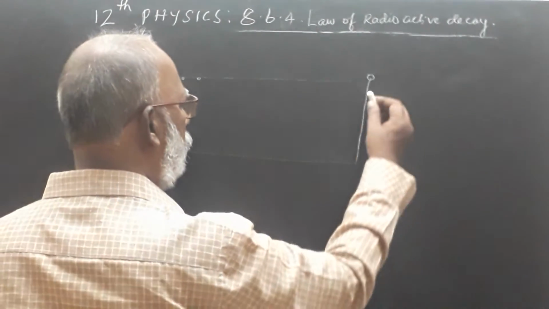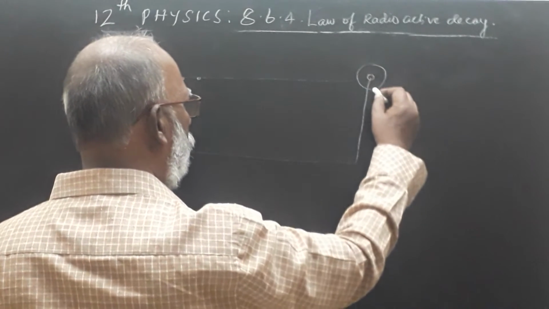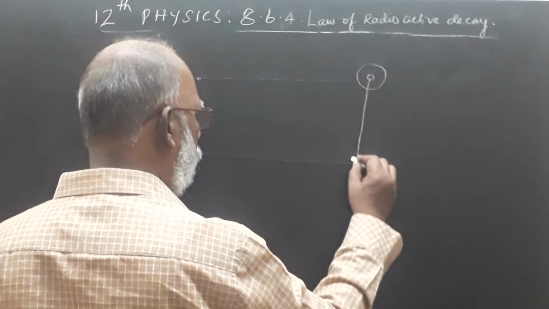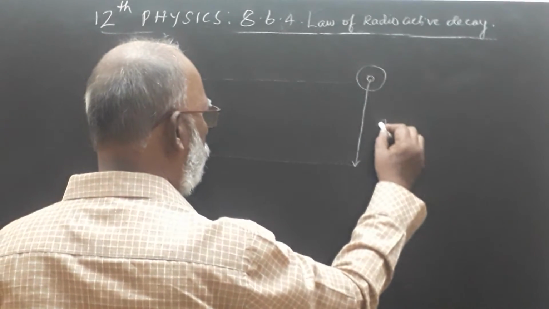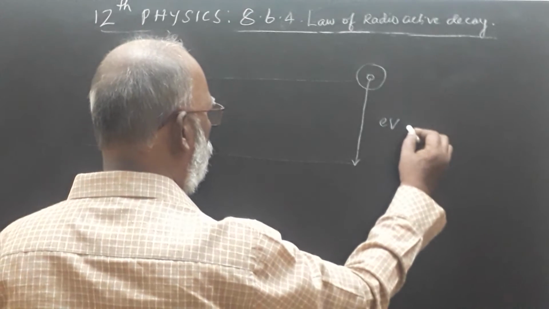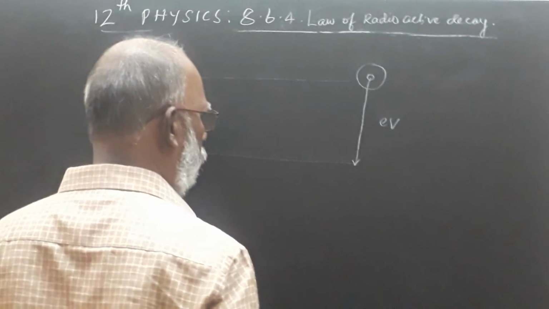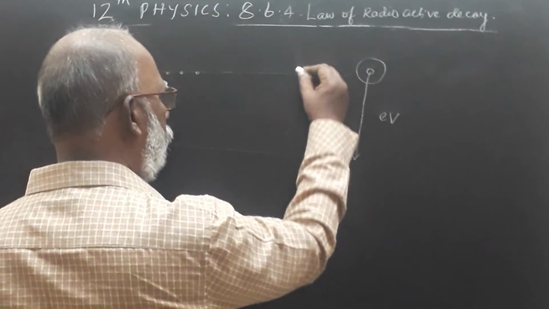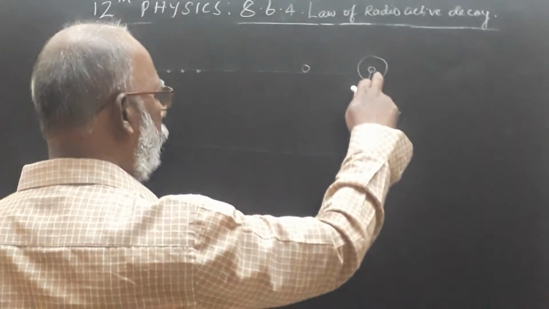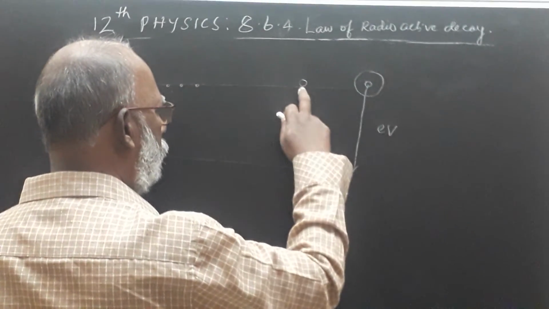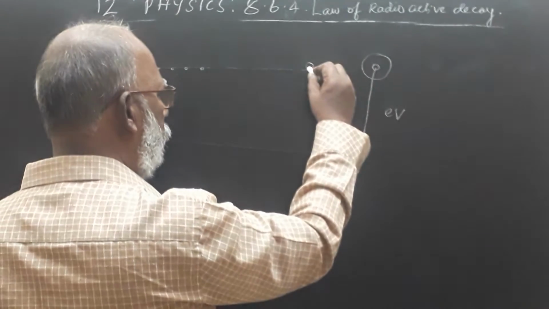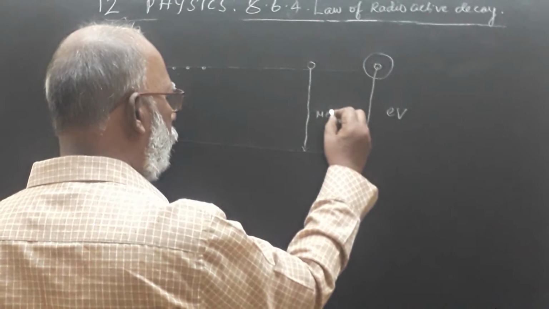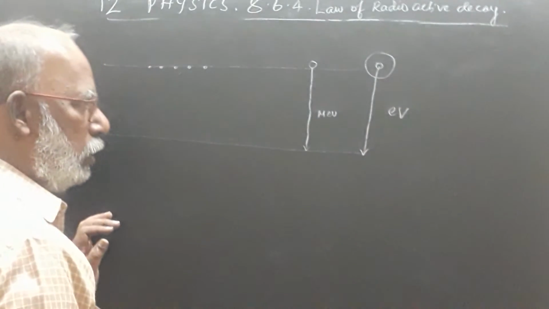Now, if you consider the total atom in the excited state shifted over to the ground state, then there is emission of electron volt energy. In case you consider the nucleus itself instead of the atom, only one nucleus shifts from the excited state to the ground state, then the amount of energy received is in million electron volt.